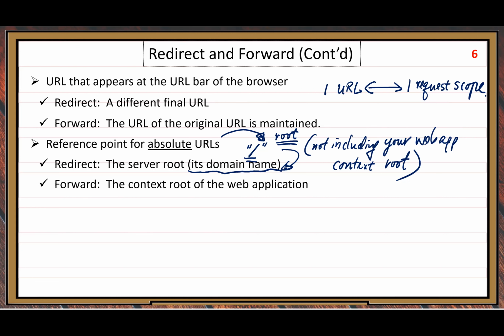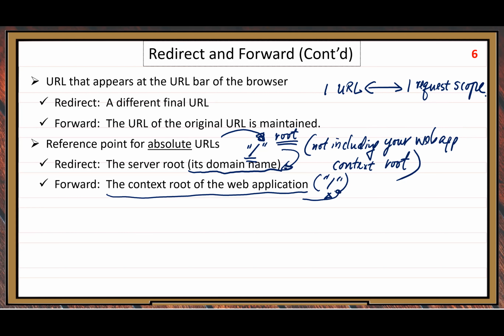Forward, the context root of the web application. So the forward means the root absolute URL. When you use the double quote, this slash symbol root, you mean the context root of the web application.